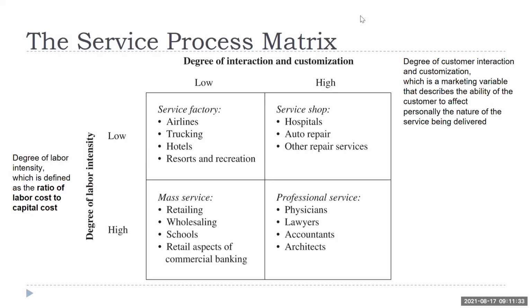But think in this way, professional services. Labor intensity is again high, a lot of labor. When you think about labor intensity, it is just a ratio in comparison to capital cost. Think about a lawyer's office or a physician's office. I'm not talking about a hospital, where there is a lot of investment.